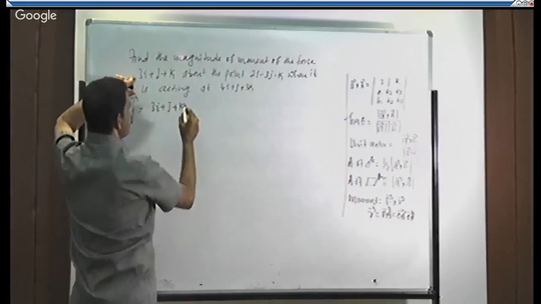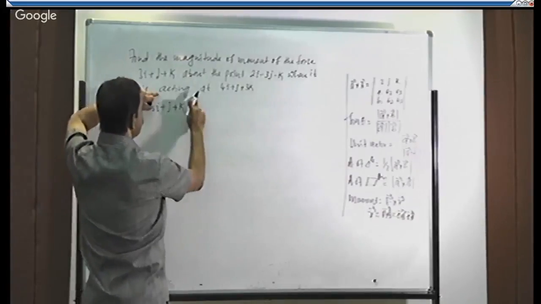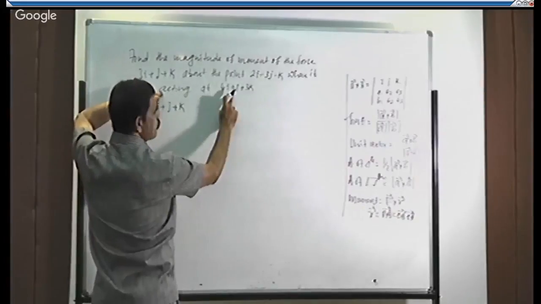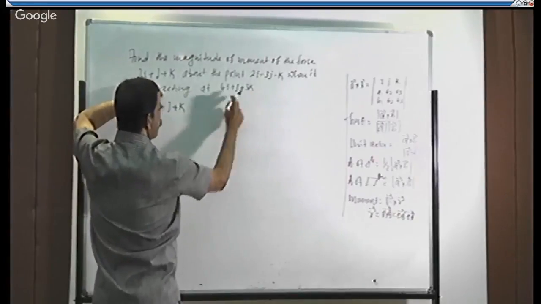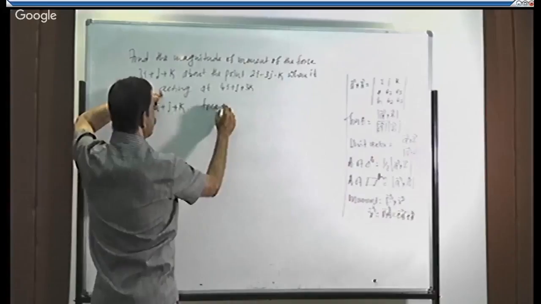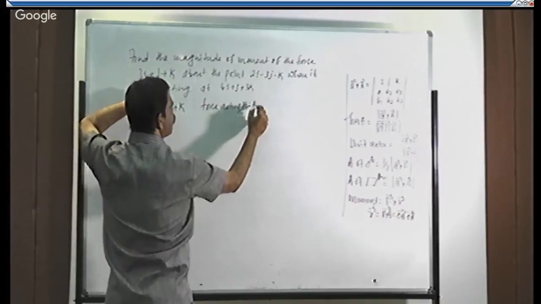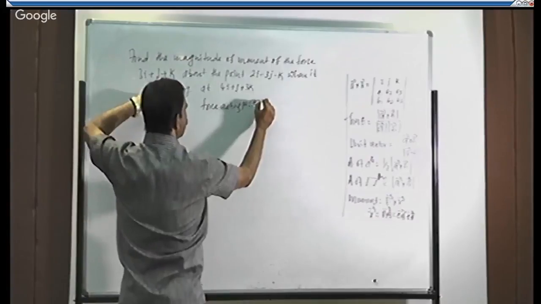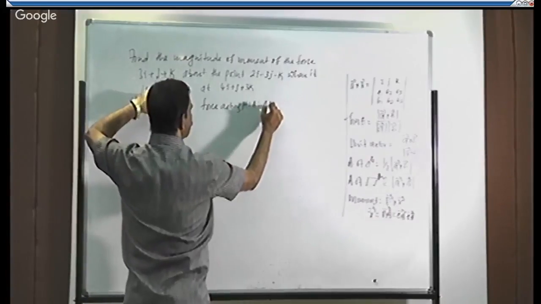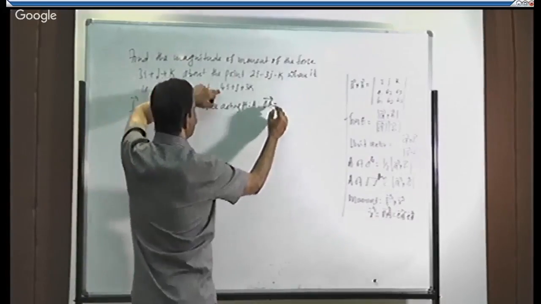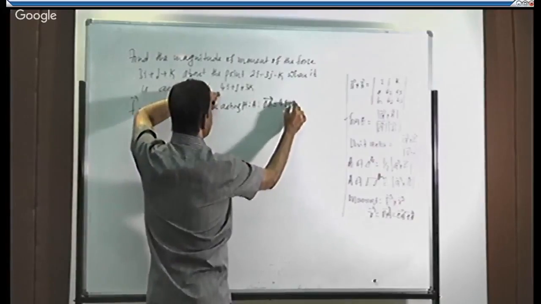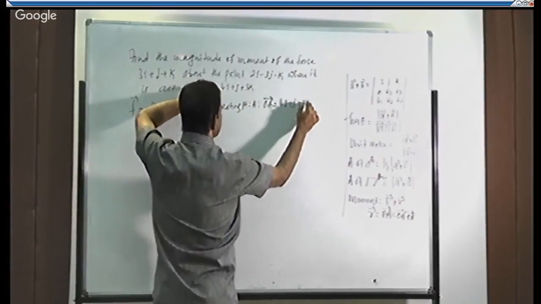Which is the force acting point? Force is acting at this, so this is OA, the force acting point A. They have given OA itself. Therefore, OA is equal to 4i plus j plus 3k.